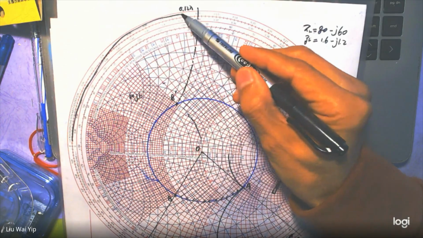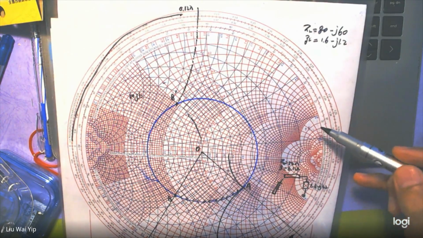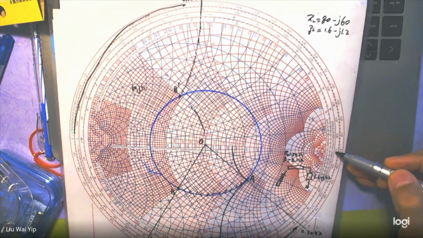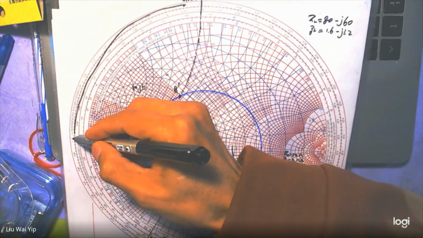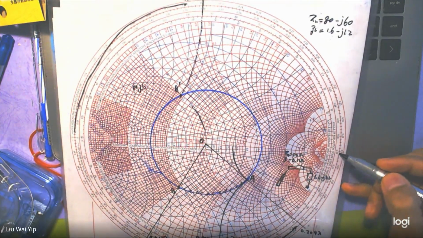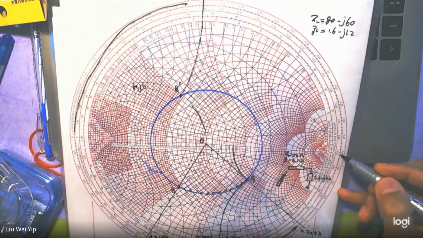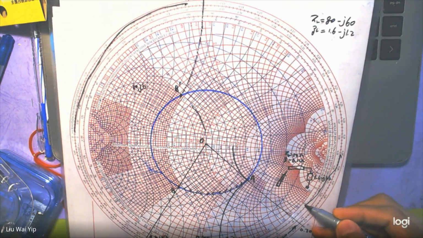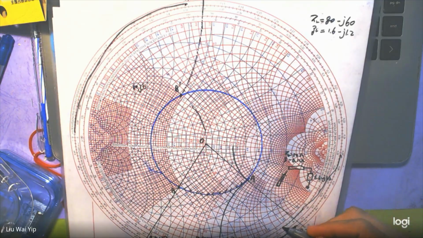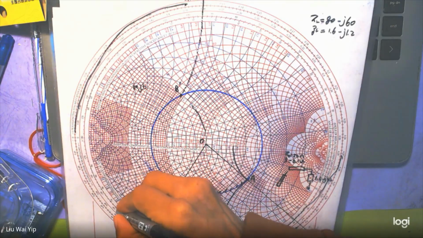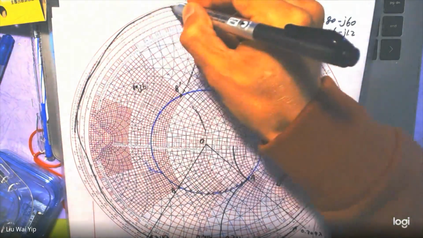So this is the length of the short circuit stub. But the question asks for an open circuit stub. The open circuit stub should be counted from this end, not from this end. So you count all the way from the right hand side in the clockwise direction until you meet this one.